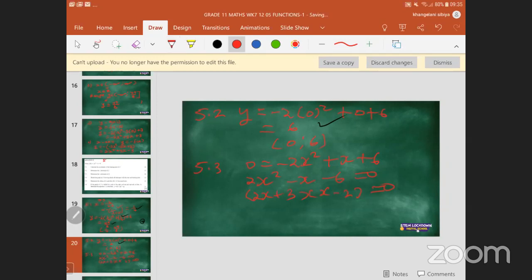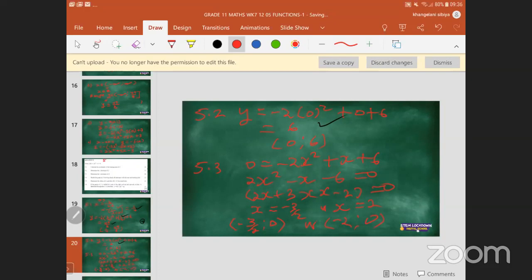This means your x will be negative 3/2, or your x will be positive 2. However, you can write this in coordinate form: (-3/2, 0) and (2, 0). That is as simple as that.